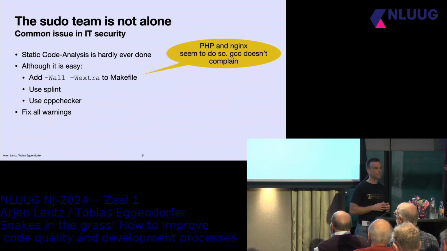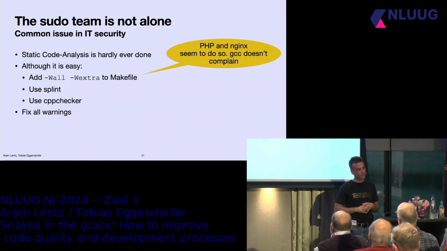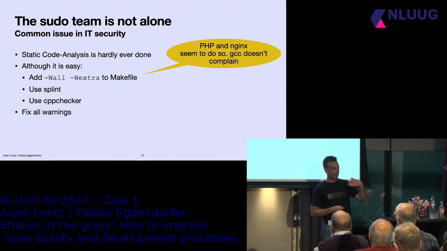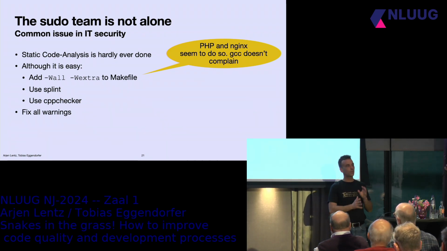Yeah, sorry. You find some false positives. Splint has, for example, a specific syntax with which you could mark a section of code for Splint: do not check this, or that's okay, we've checked it. But that's an extra step you take.